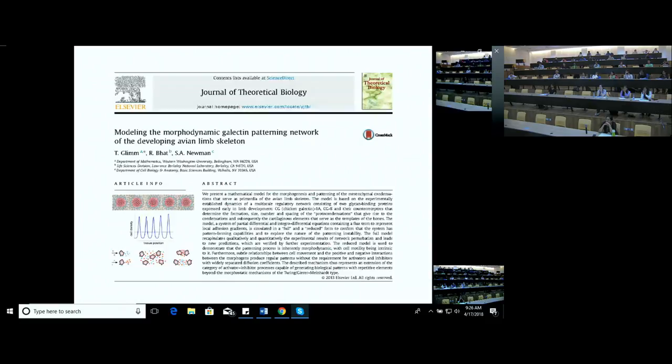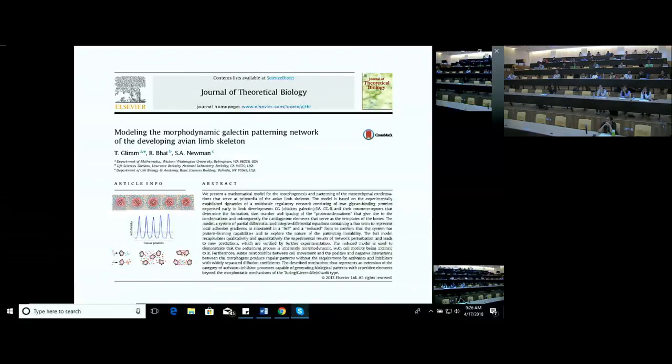But just that kind of hand-waving argument is not sufficient to prove that this really goes on. What we did with our colleague Tillman Glim is to construct a mathematical model that contained all of the experimental components, all of the terms of interaction that we had experimental data for, and terms that we knew existed that we eventually found experimental parameters for.